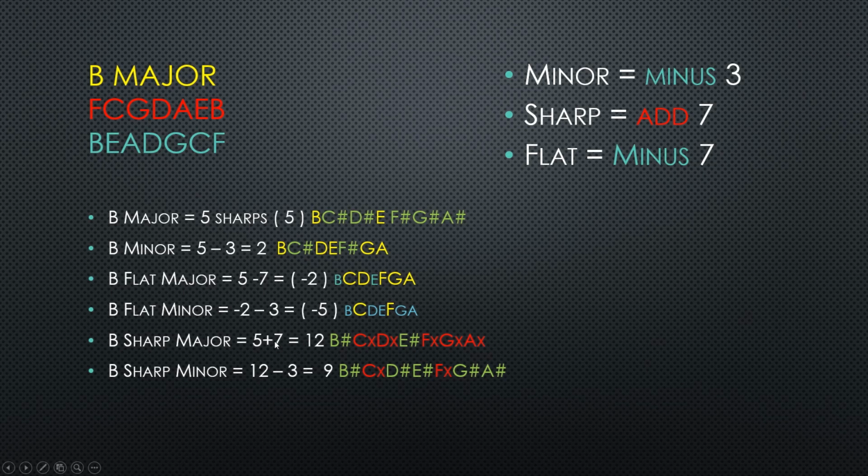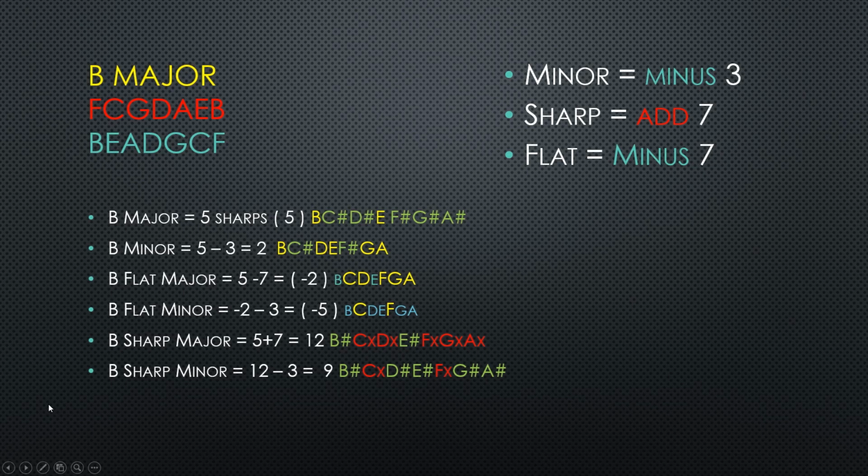So 7 sharps, that's all 7 here: F, C, G, D, A, E, B. And then we'll have to add 5 more. So we have to add 1 more sharp to the F, C, G, D, and A. That's why E and B do not have anything. So if we were to count this, the X is counted as a double sharp, so X is 2, okay? 2, 4, 6, 8, 10, 11, and 12.